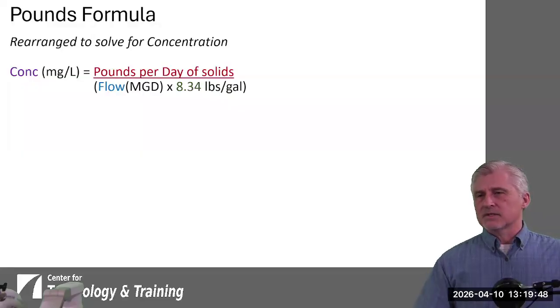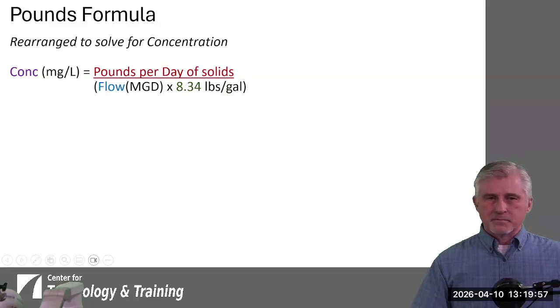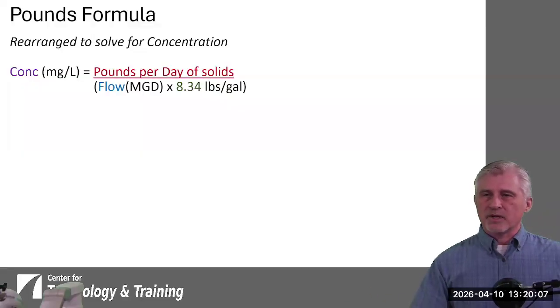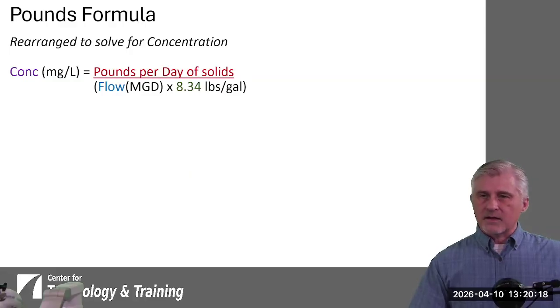And so our concentration in this case is equal to the pounds per day of solids divided by the flow times 8.34 pounds per gallon. Actually, it's not quite that simple, but it's another formula that I would recommend you write down, because we'll be using this one as well. It allows us, if we know our pounds per day of solids and we know our flow, to get our concentration.